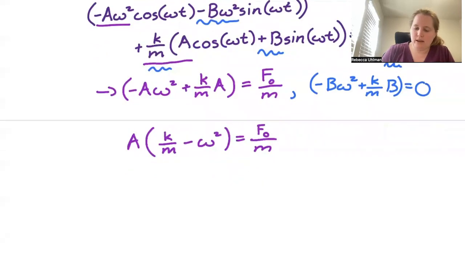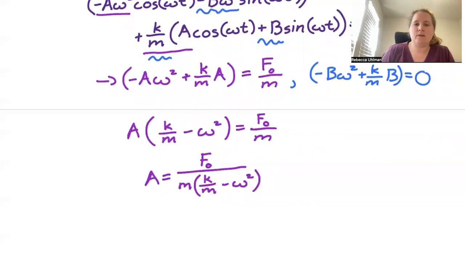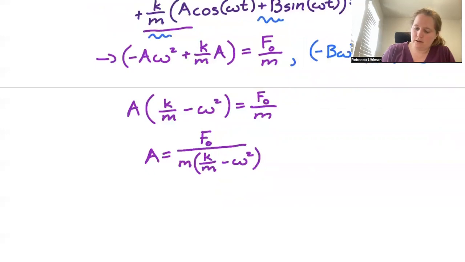And so we get that a should equal f naught divided by m, and then still in the denominator multiplied by k over m minus omega squared. Or a is f naught over k minus m times omega squared.